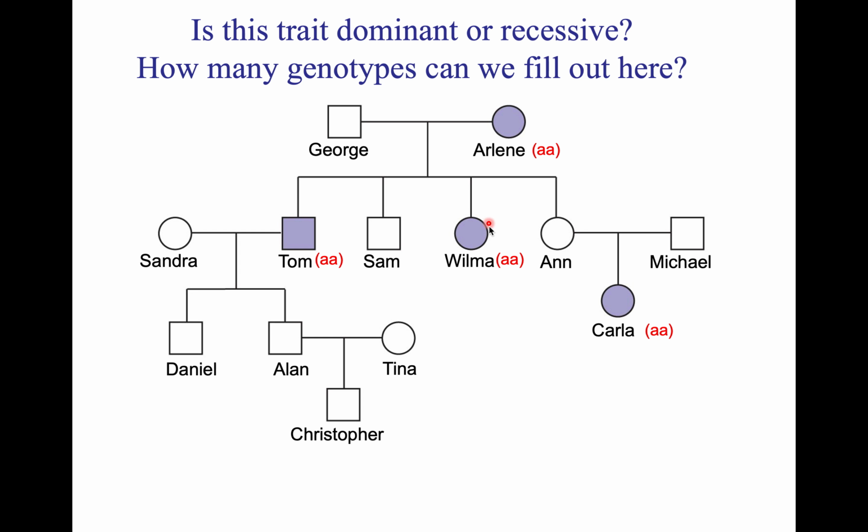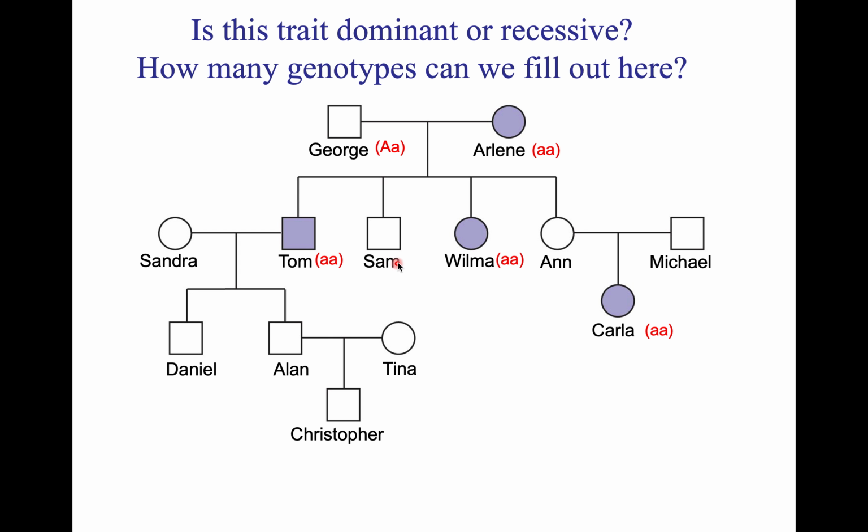But George and Arlene did have two homozygous recessive kids. So that means we know that George has to be heterozygous because Tom and Wilma had to get one of their little a's from mom, and they had to get the other little a from dad. So that lets us know George's genotype in that case.